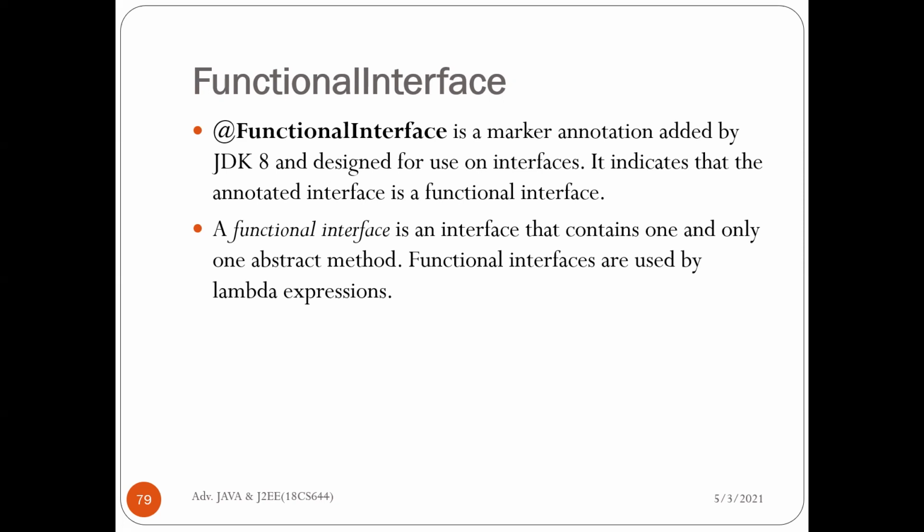So what do we mean by functional interface? A functional interface is one that contains one and only one abstract method. Functional interfaces are used by lambda expressions. So if an interface contains only one method, then it is called a functional interface, and those kinds of functional interfaces can be annotated by this particular annotation.